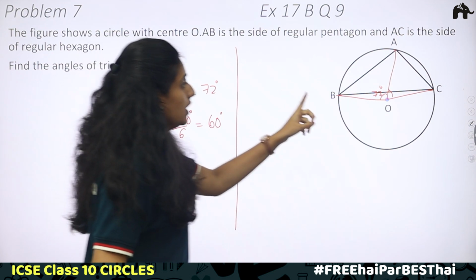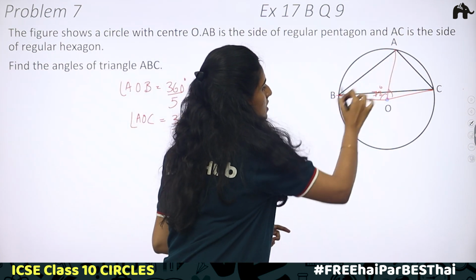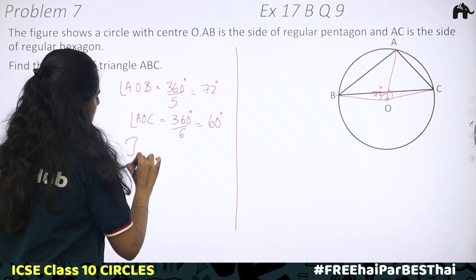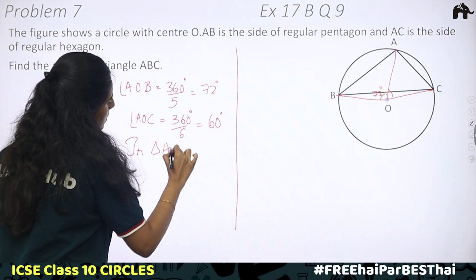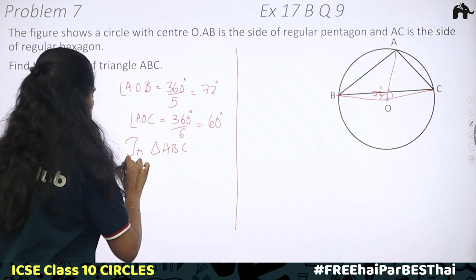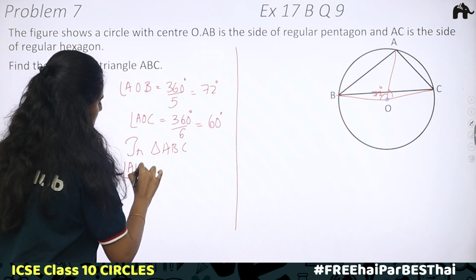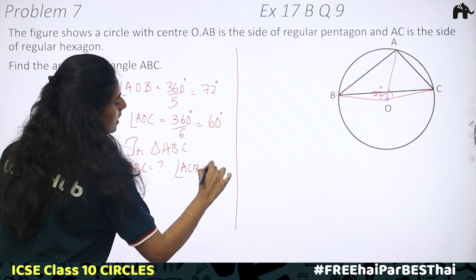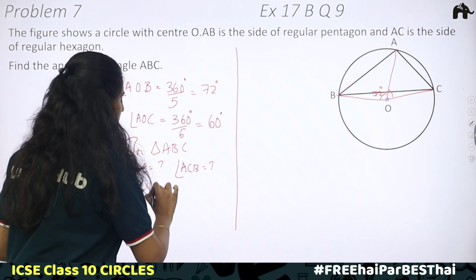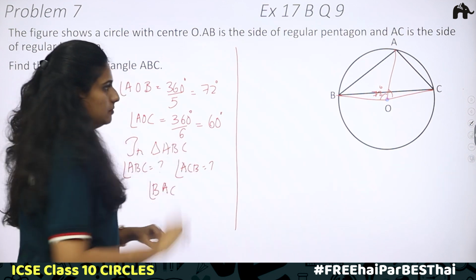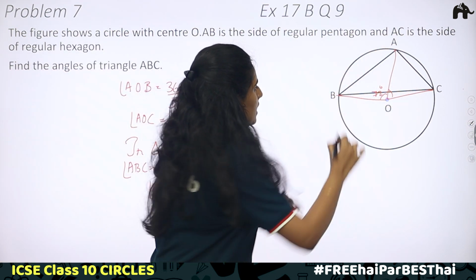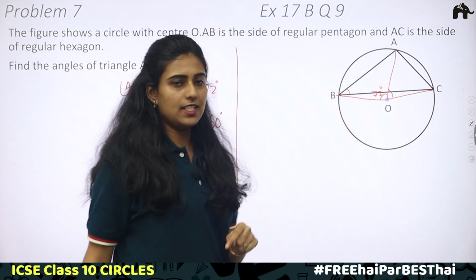We need to find all the angles of triangle ABC. In triangle ABC, we need to find angle ABC, then angle ACB and angle BAC. First, let us take ABC. How to find ABC?